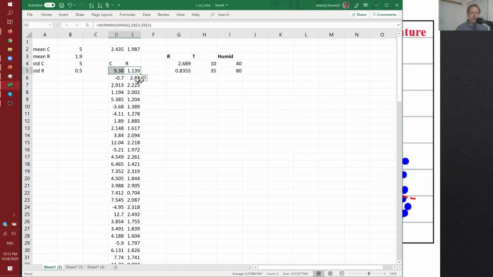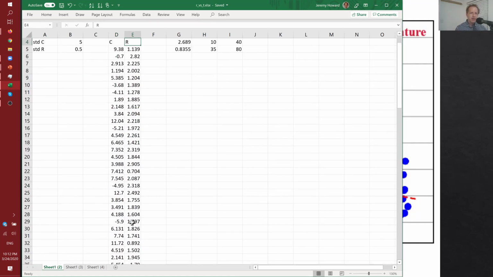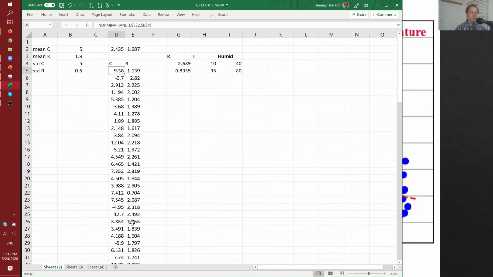And then I just copied that formula down 100 times. So here are 100 cities that could be in China, assuming that there is no relationship between temperature and R. They're just random numbers.